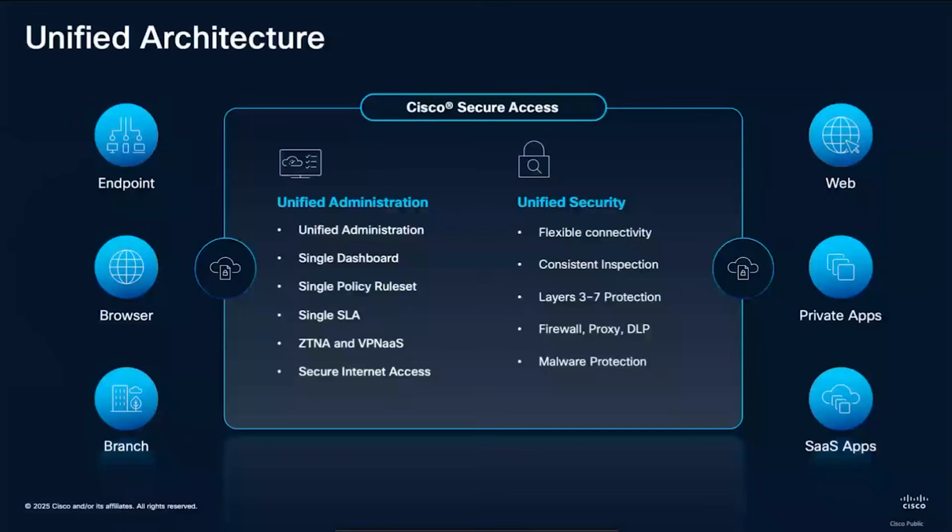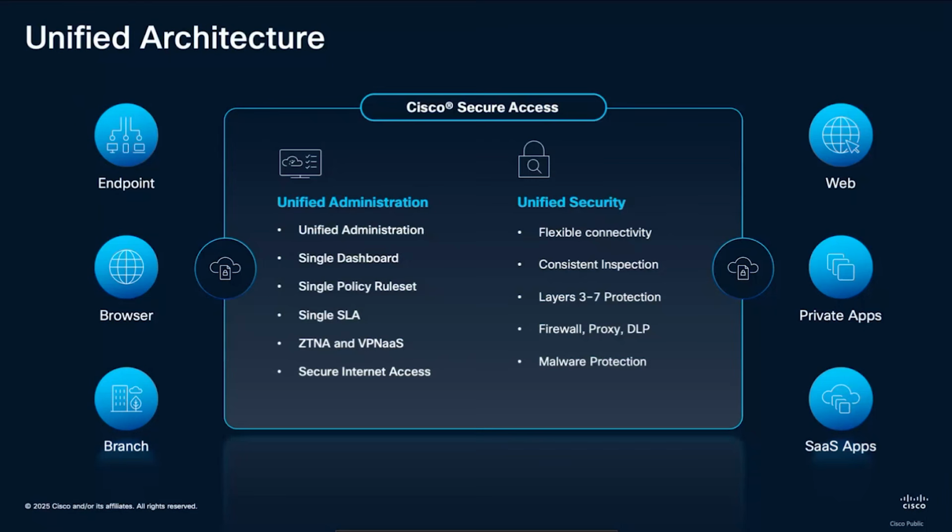point of management, of administration of the entire solution with both the internet access and the private access. We have a unified administration where we can create all our policies or rules to manage both the internet access and the private access with all the features provided by the solution.